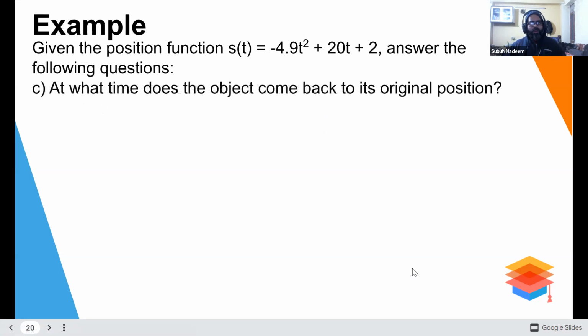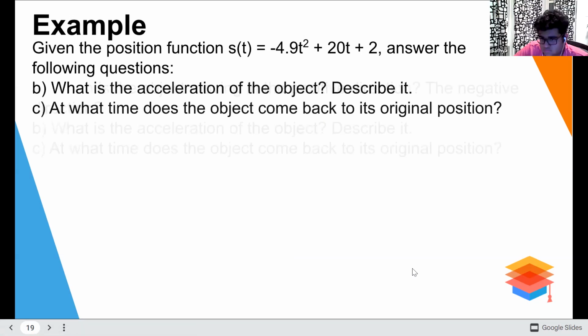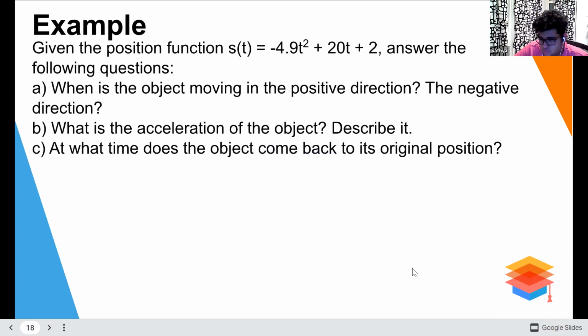Can you tell part A? First, I think we'll have to take the first derivative, for the positive direction, and then the double derivative will be the negative direction.